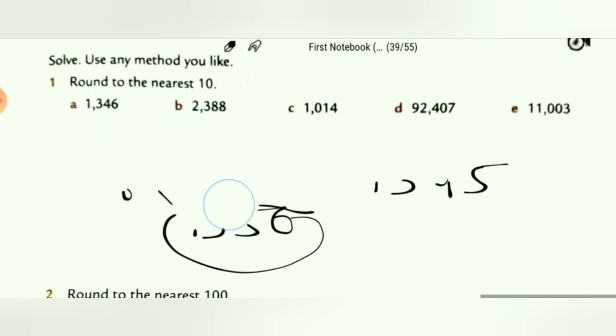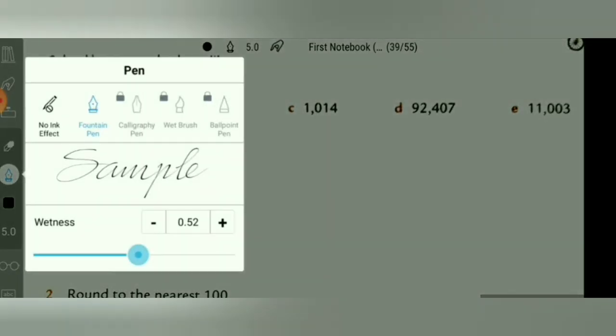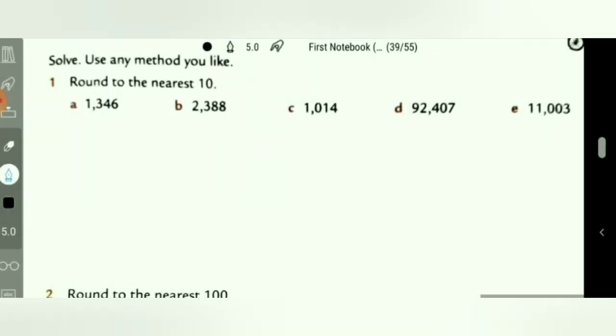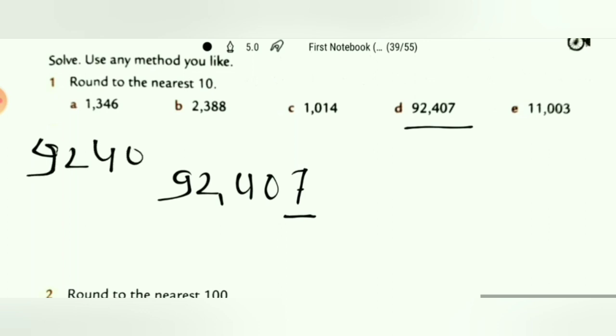Next, see this question. In this one, 92407. We have to convert to the nearest 10. It means the 7, here we want 0. So here we can write like this, 92400 to 92410.